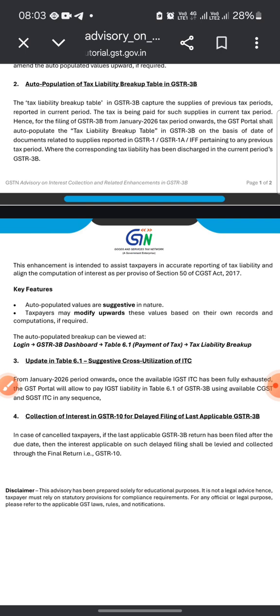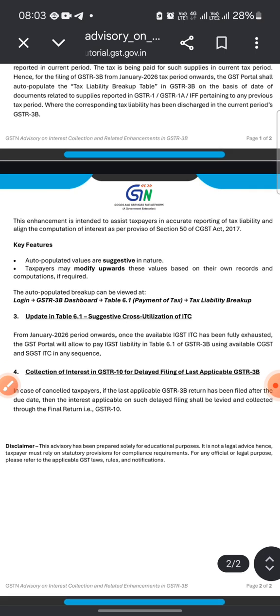pertaining to any previous tax periods, where the corresponding tax liabilities have been discharged in the current period GSTR 3B. This enhancement is intended to assist the taxpayers in accurate reporting of tax liabilities and align with the computation of interest as per the proviso of Section 50 of the CGST Act 2017.